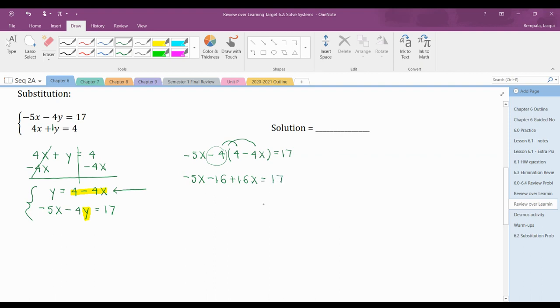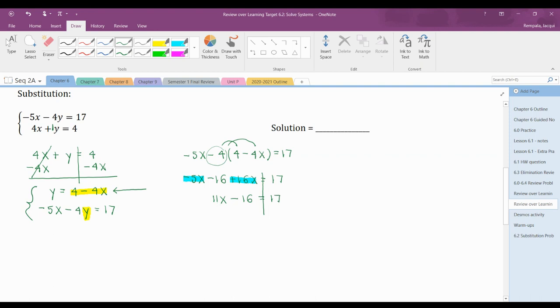This still equals 17. Notice that in this equation, on the left-hand side, we have two things that still have x. That means we can combine those right away. Negative 5 plus 16 is going to give us a positive 11x. We still have minus 16, and this equals 17.